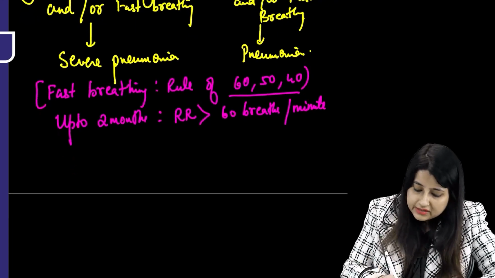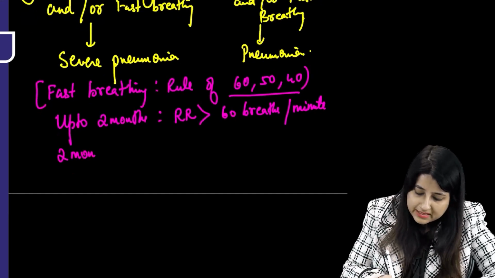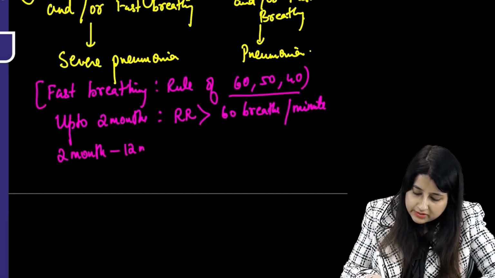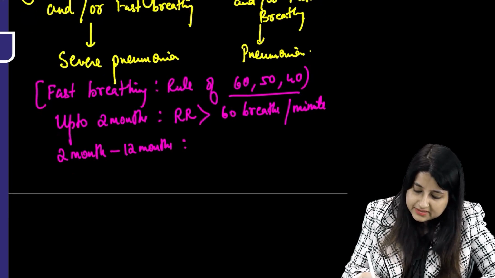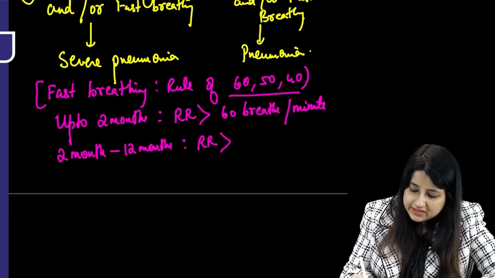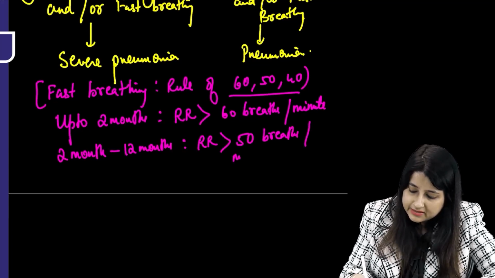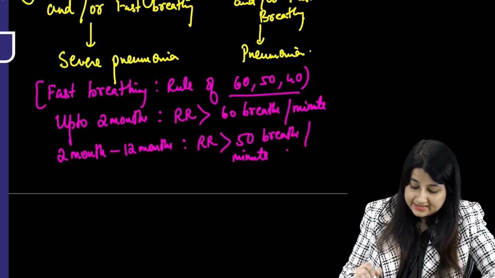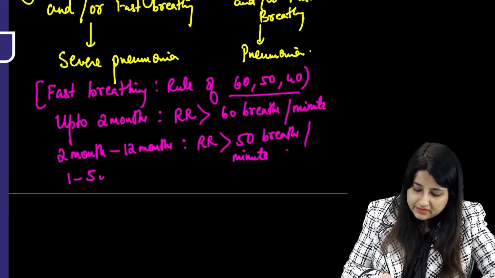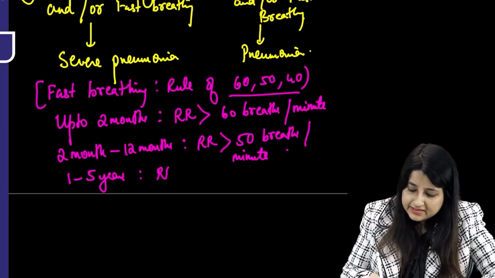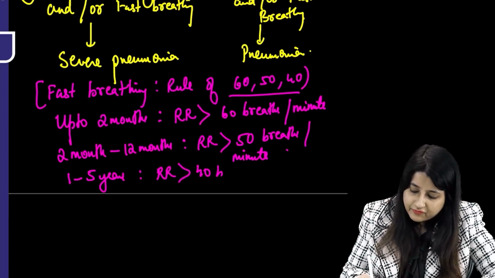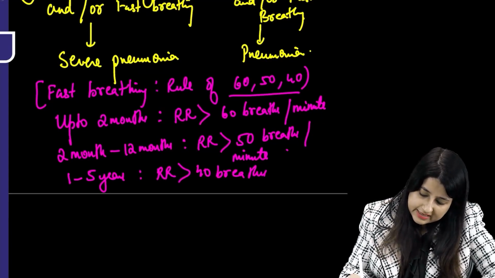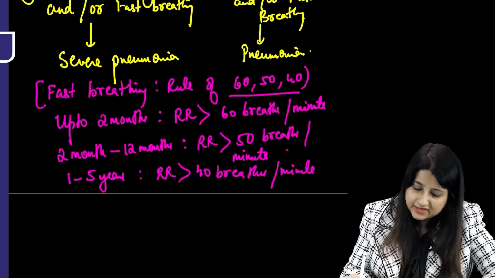If the baby is 2 months to 12 months, then a respiratory rate of more than 50 breaths per minute is fast breathing. And if the baby is 1 to 5 years, then a respiratory rate of more than 40 breaths per minute will be considered fast breathing.